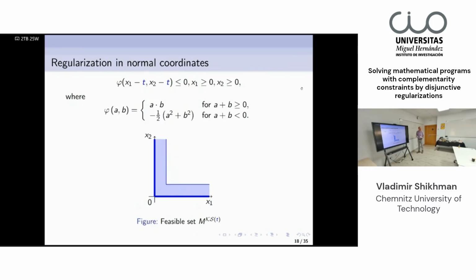Let us make a picture of this. This is x1, this is x2. This is (t, t). If you have t and t, it's equal, and phi has 0 times 0, so (t, t) is here. And then if you have greater or equal than 2t, which is above this line, then one of these is negative.